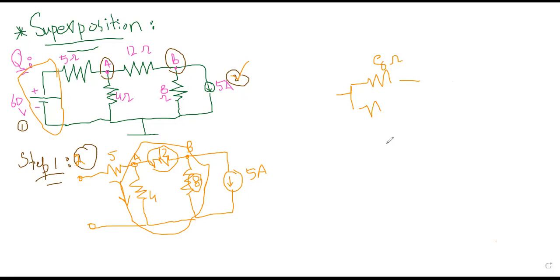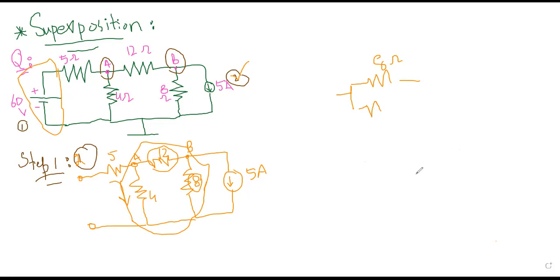This value equals the ratio of 14.22 divided by the total 22.22, multiplied by the source current of 5 ampere.